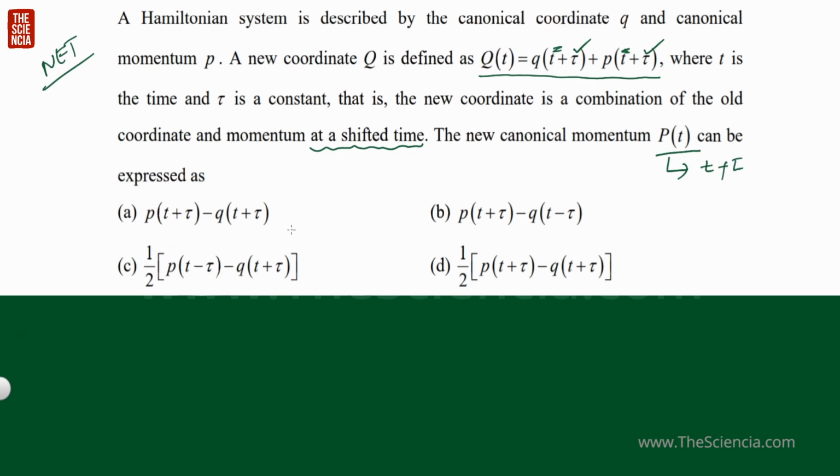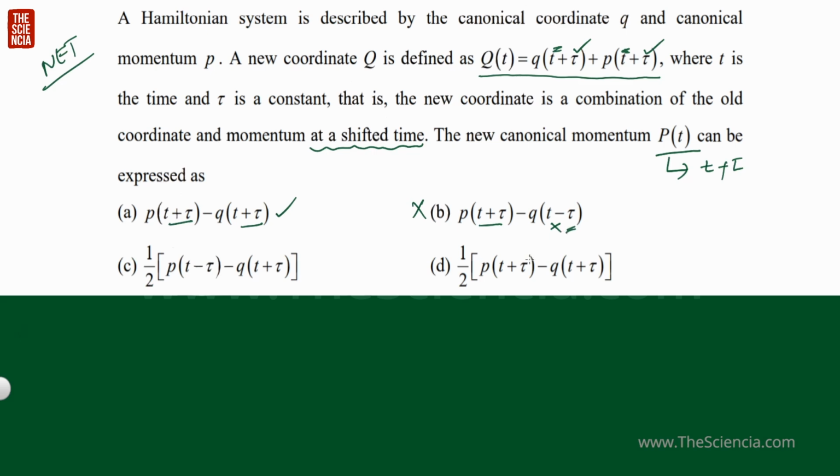So check, here it is t plus tau, t plus tau. This may be the option, but here you see this is t plus tau, but here it is t minus tau. So this will not be the option, because there is no time translation symmetry; here time is increasing to t plus tau, but there time is decreasing. This is not possible, because we are finding the canonical momentum conjugate to the coordinate.